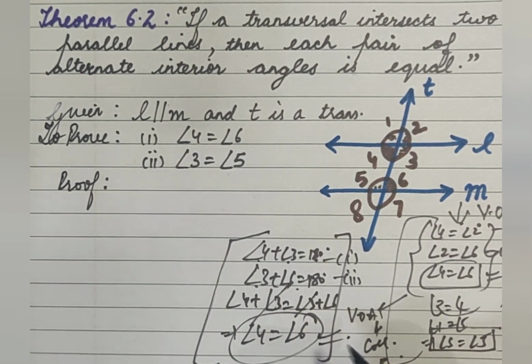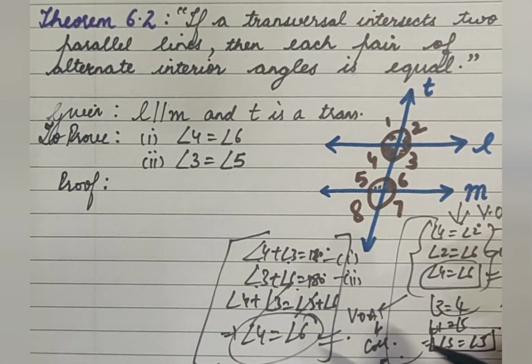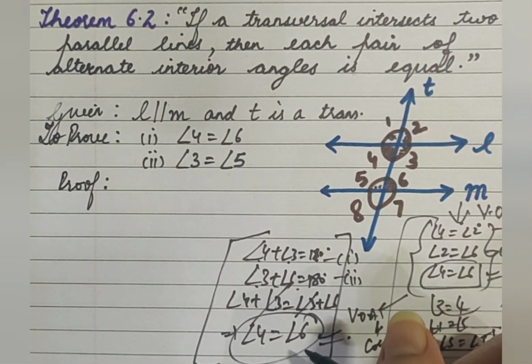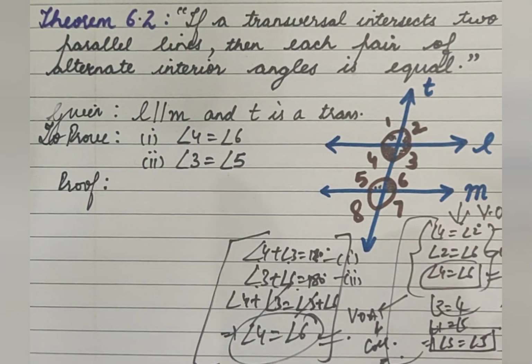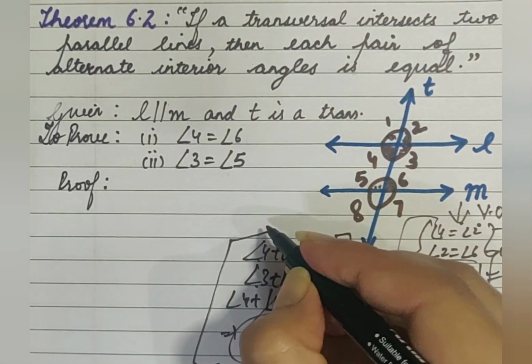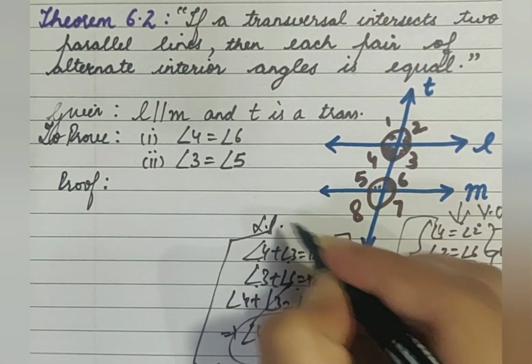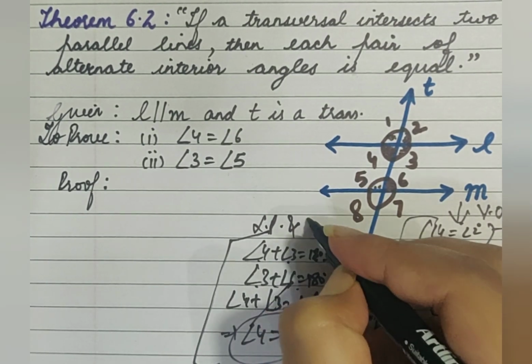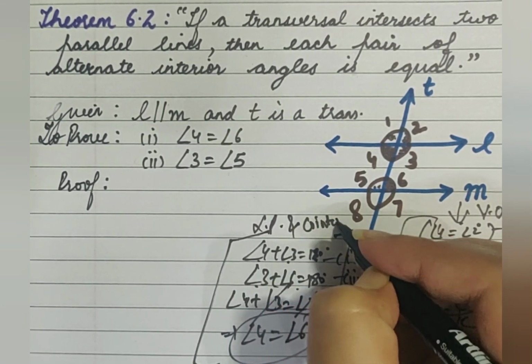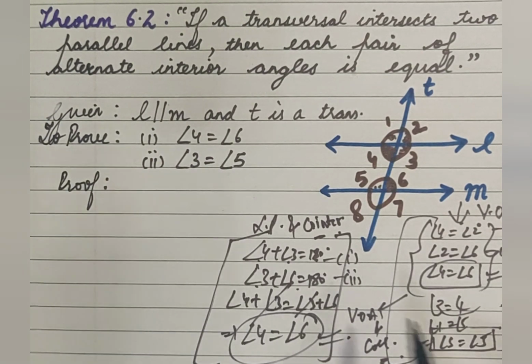So this way also we can prove, and similarly we can prove angle 3 is equal to angle 5. So what I did, I simply used linear pair condition and co-interior condition and I proved the given theorem. So this theorem can be done using any of these ways.